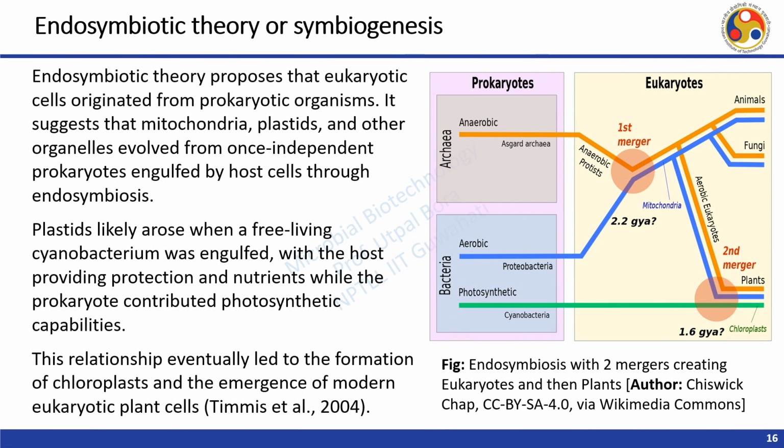The first merger you can see is of the anaerobic protists. Here the mitochondria is being incorporated into the eukaryotic system, and this mitochondria is part of the animals as well as the fungi.